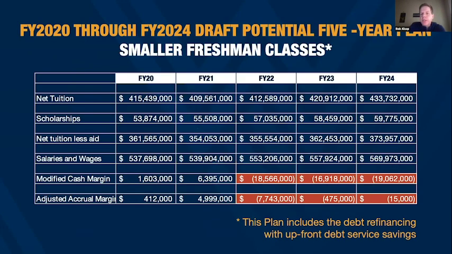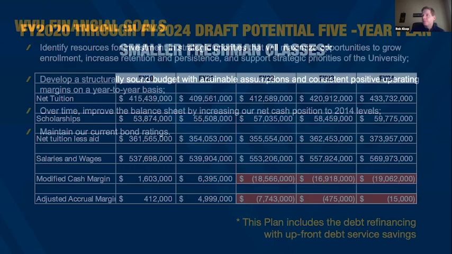And when we did that, you can see the compounding effect of those smaller classes. When we go to FY22, 23, and 24, you see negative numbers and the university in a mode of cutting. And so this was really designed to show those narrower margins that we face, and the fact that our ability to recruit and retain our students is going to be a big driver of our budget realities moving forward.